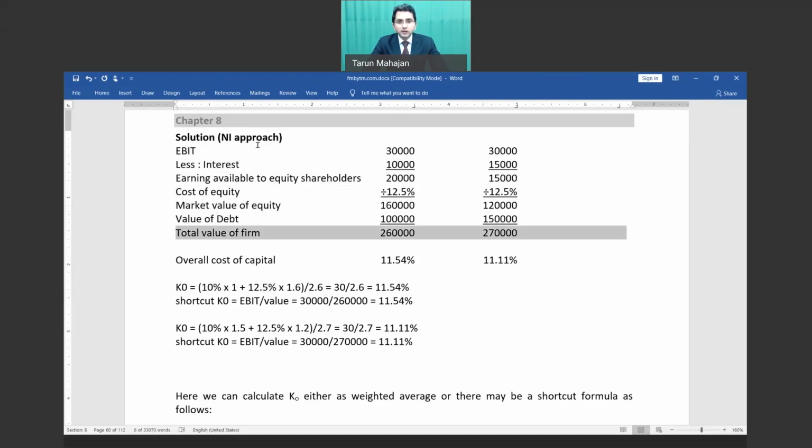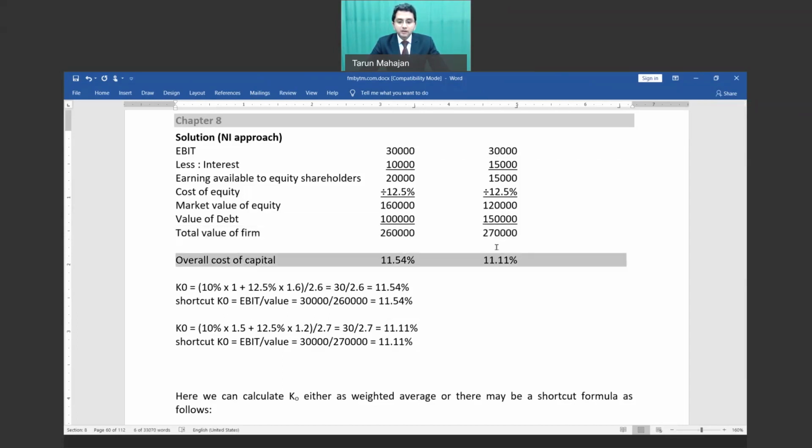Observe over here that in the second column, wealth is higher. In the first column, wealth is 2,60,000. In the second column, it is 2,70,000. Why? Because in the second column, there is more debt. So the higher the level of debt, the higher the value your firm will command in the market. Then if you want to calculate the overall cost of capital, I told you the shortcut formula, and that is EBIT divided by value.